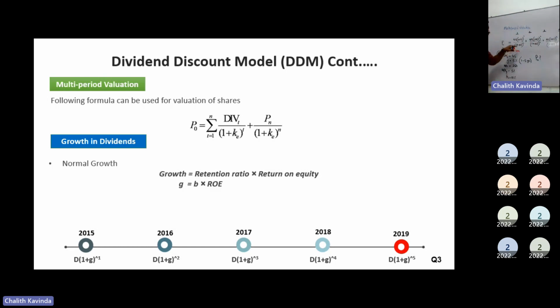And here you got to know that we have to use something called growth to calculate your next year dividends.